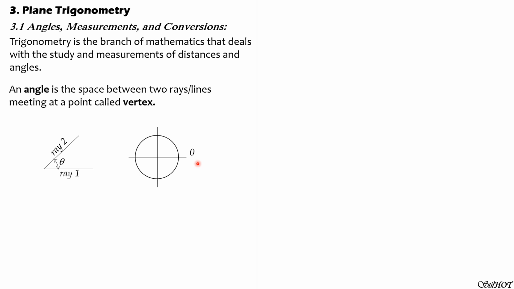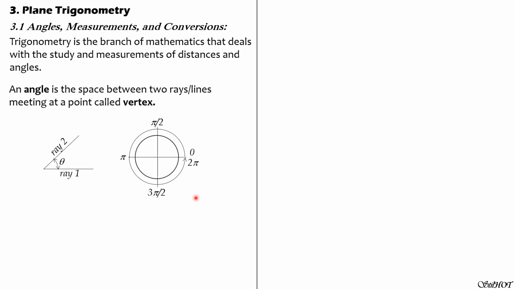Then in counterclockwise direction, here we have pi over 2, then pi, 3 halves pi, then back, 1 revolution is 2 pi radians, then 1 revolution and 1/4 is 5 halves pi, and so on and so forth.